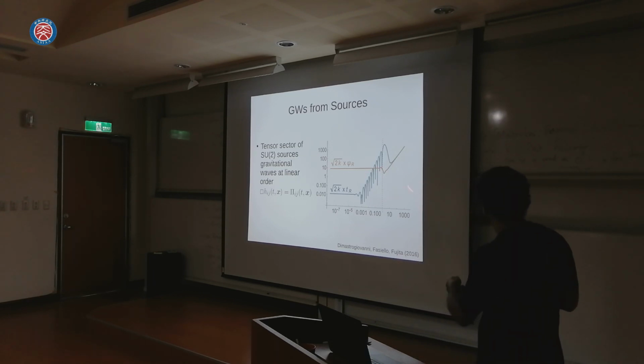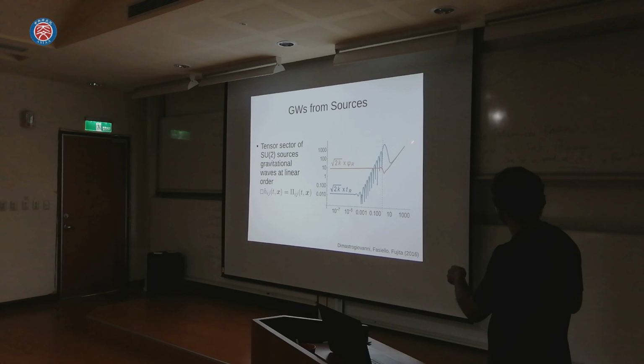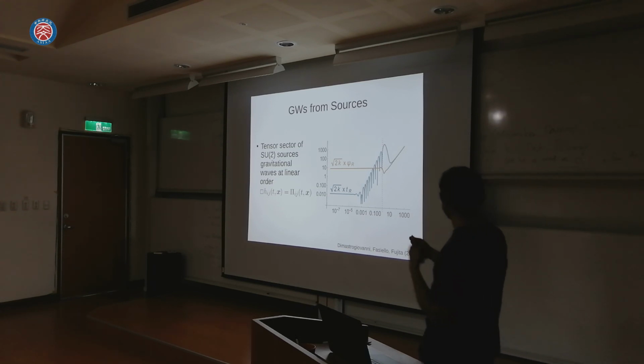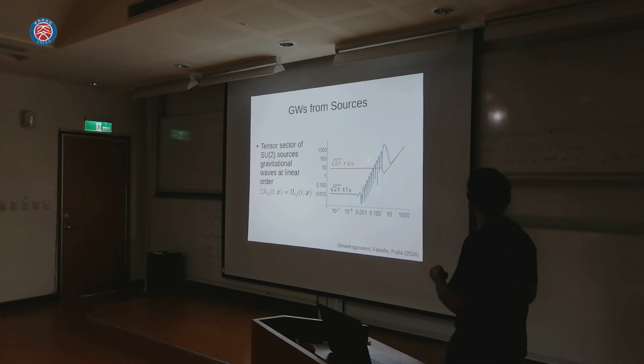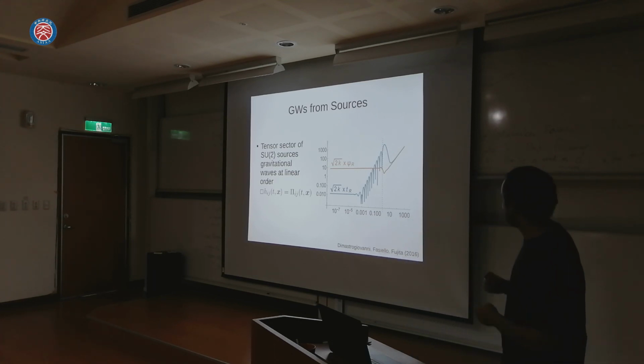Far to the right is when these fluctuations are still deep inside the horizon, and so they are just getting excited and they decay as the universe expands. However, the axion is still rolling down, and it pumps energy into this gauge field. So that gets amplified, and once it crosses the horizon, this transfer of energy between the axion and the gauge field becomes inefficient, and it quickly decays until it freezes over once it has become quite super horizon.